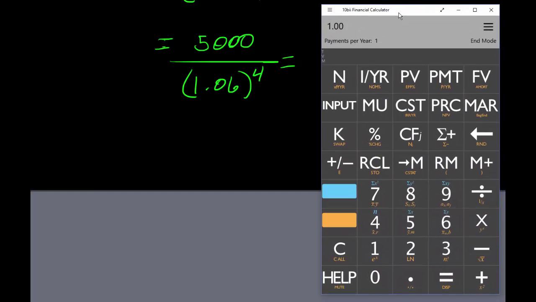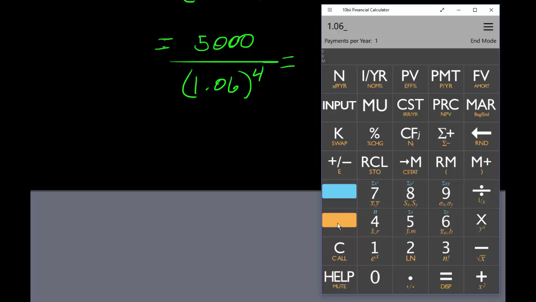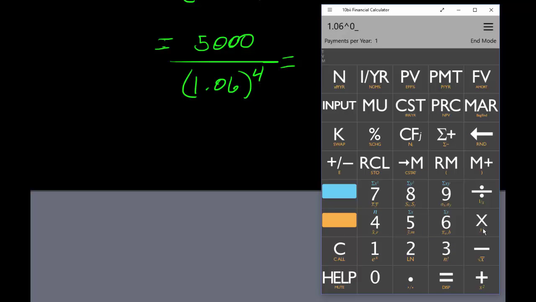Here's my new calculator; I hope you like it. This is the equivalent of the 10B2. I'm going to do 1.06, hit orange, orange, y to the x, 4, equal sign, and that gives me 1.26.